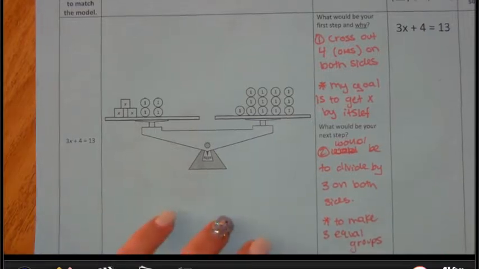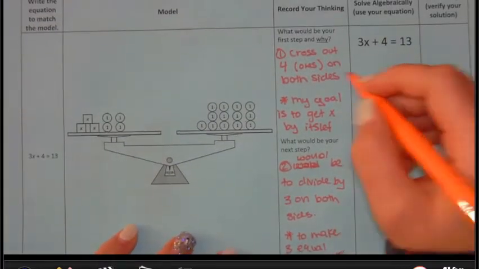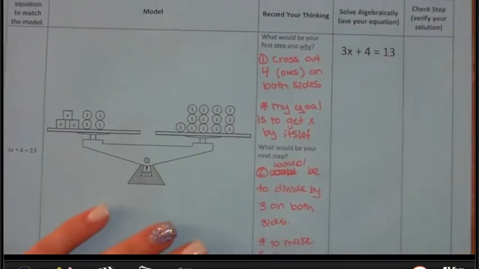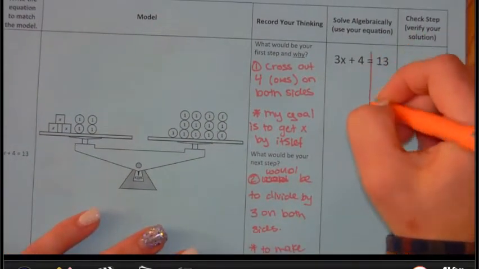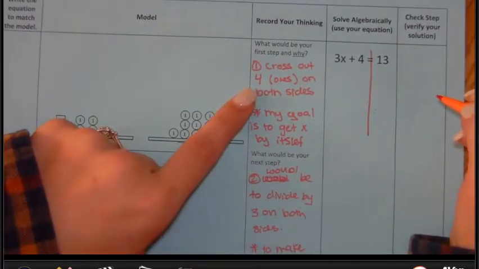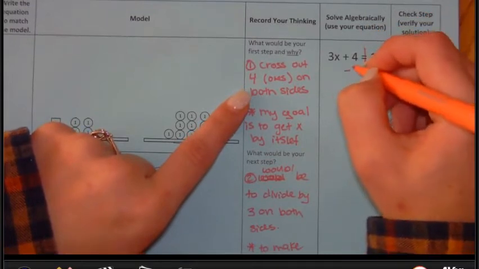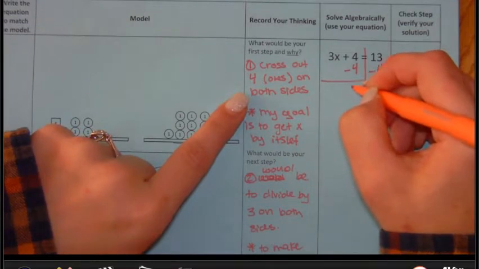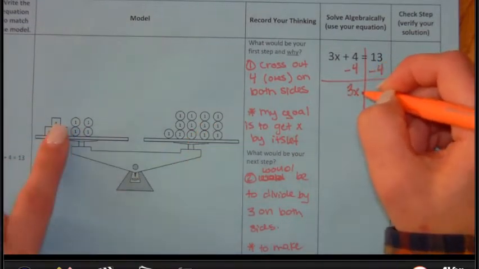Okay. All right, so let's solve this algebraically. Let's do what we said on the steps and what we would do in our model, and let's solve it algebraically. So I'm going to make my little line down here. I'm saying I'm going to cross out 4 ones on both sides. So that means I'm going to take away 4 from both sides. 4 minus 4 is 0, and I'm left with 3 x's on the left.